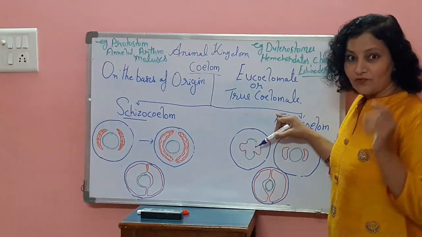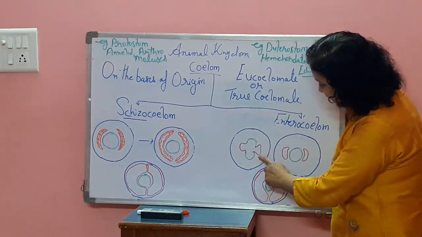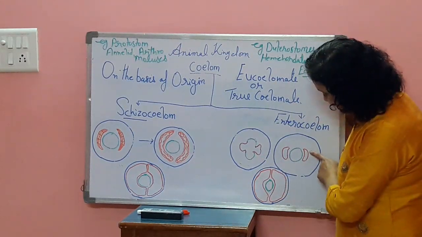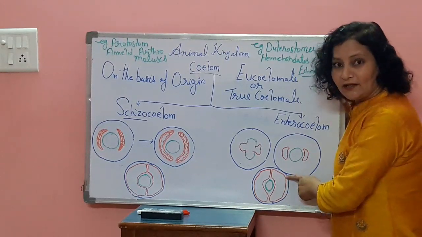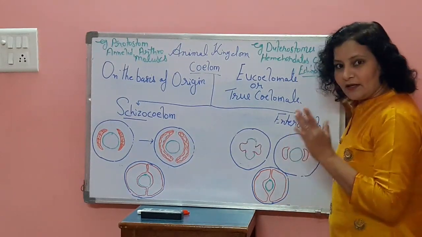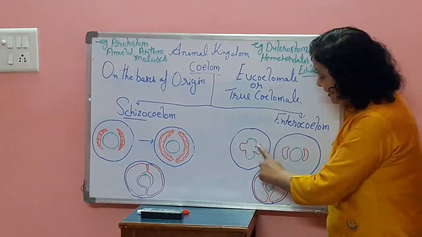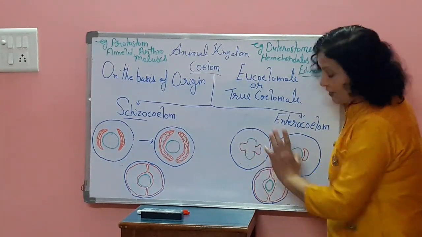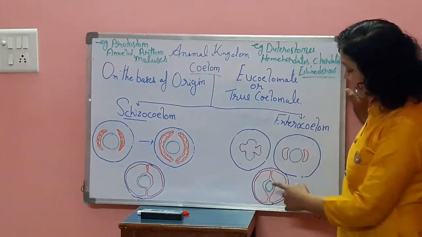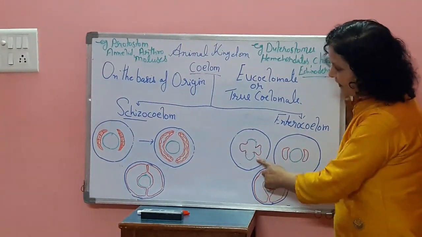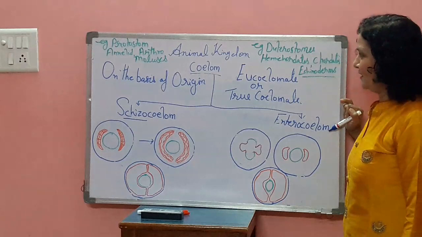These outgrowths form mesoderm, and when these outgrowths become bigger, they detach from the gut and form mesoderm. These mesoderms form the outer and inner lining of the cavity. Here there is no splitting of the mesoderm, and mesoderm arises from the outer wall of the gut. It means the entire coelom is covered by the mesodermal lining, but it arises from the gut. And this type of animal is called enterocoelomate.